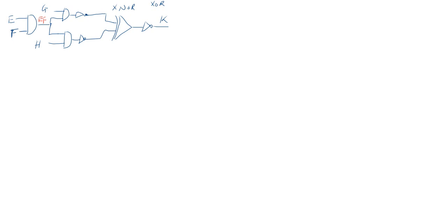Then this EF will get inside here and inside here, together with, for the various gates, another additional input G and H. So for this one, we are having EF as the input and H. So at the end, we shall have EFH.